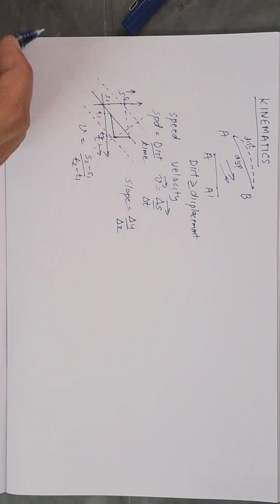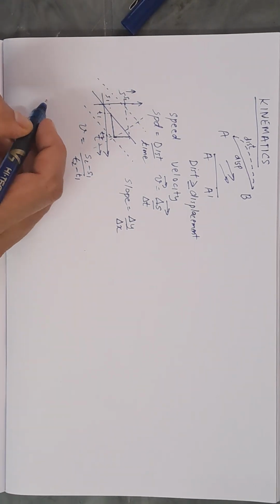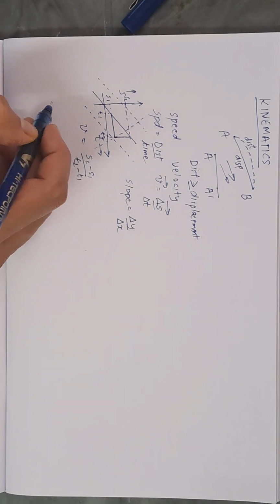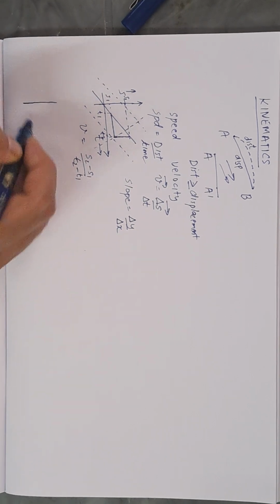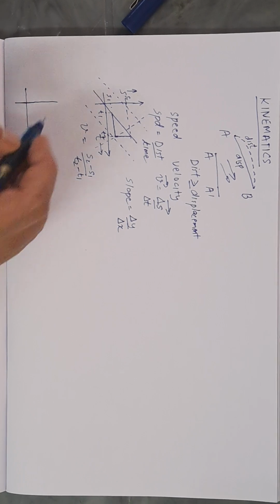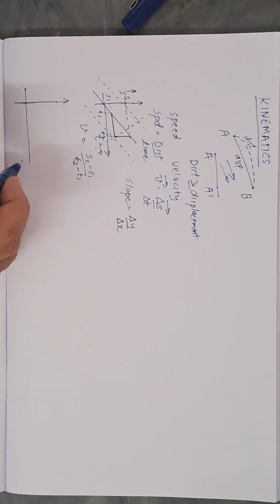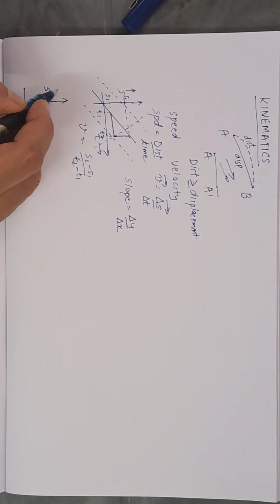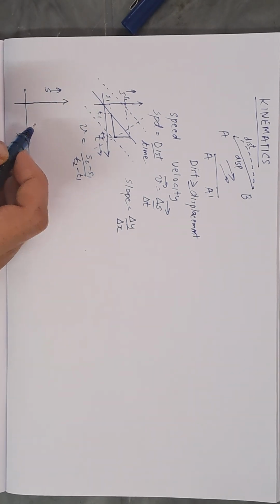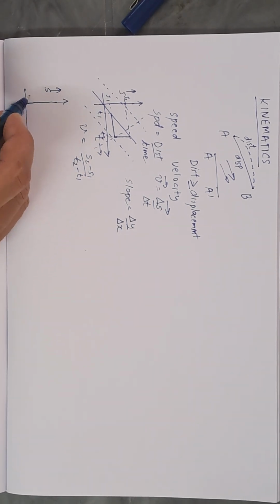Now, in case the velocity is varying, how will the ST graph be? Suppose, let me draw the ST graph in case the velocity is continuously varying. It will be a curve.